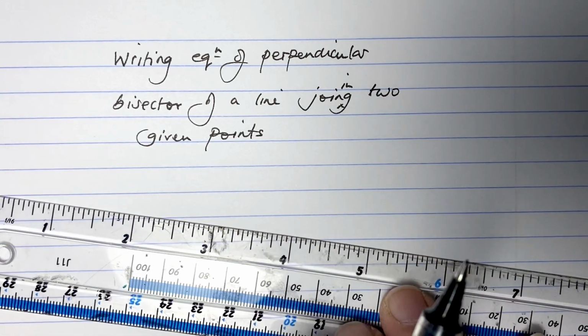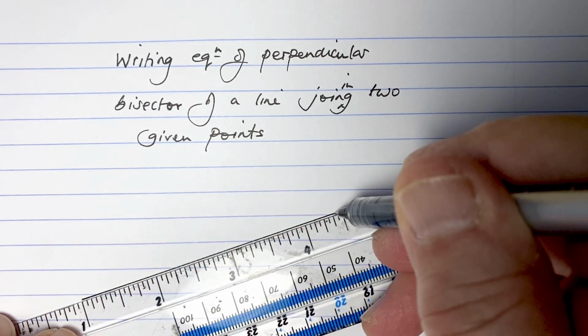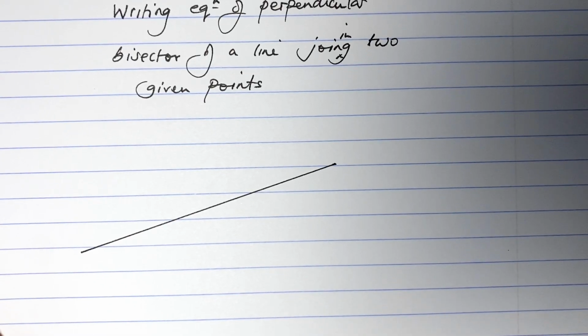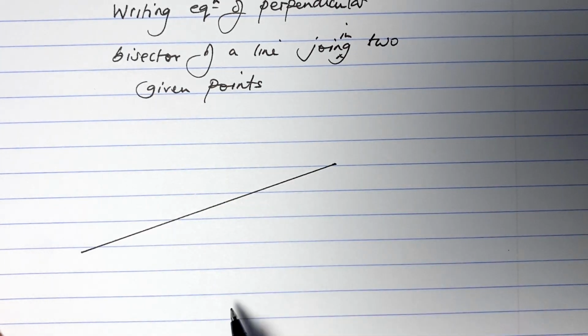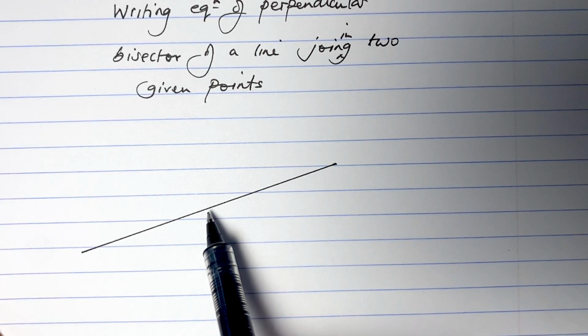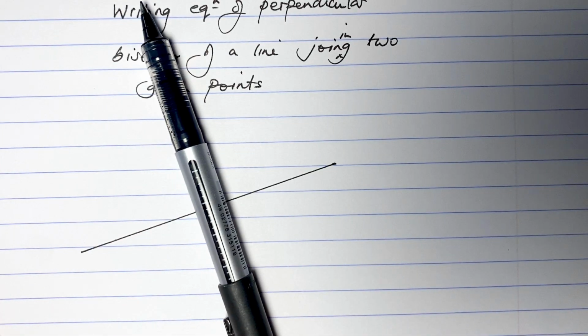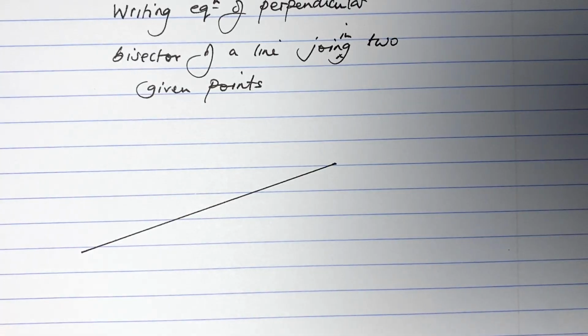Now, I'm going to give you 2 points, and I want you to obtain the equation of the line which cuts the line exactly in half, and it's at 90 degrees. So this is why we say perpendicular means at 90 degrees, and bisect means cuts in two equal parts.